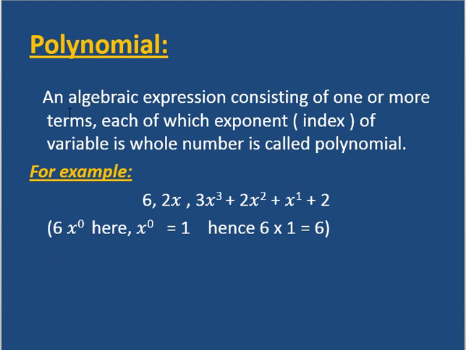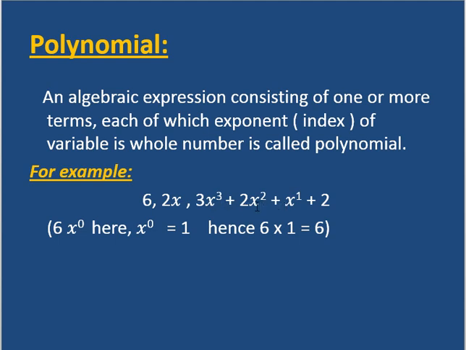Polynomial. An algebraic expression consisting of one or more terms, each of which the exponent of the variable is a whole number, is called a polynomial. You can see the expression, we have one term, we have more than one.